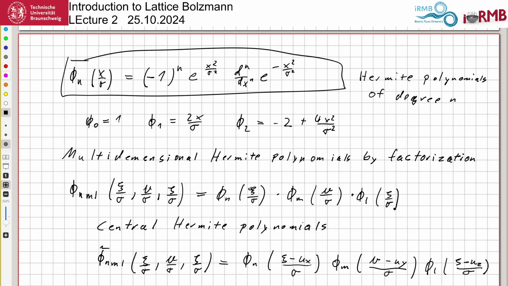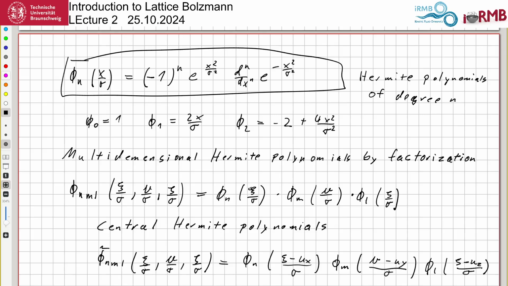So if you use these kernels, you generate orthogonality at the equilibrium. In particular, if you use central moments, you will generate orthogonality for the distribution that has the velocity ux, uy, uz.